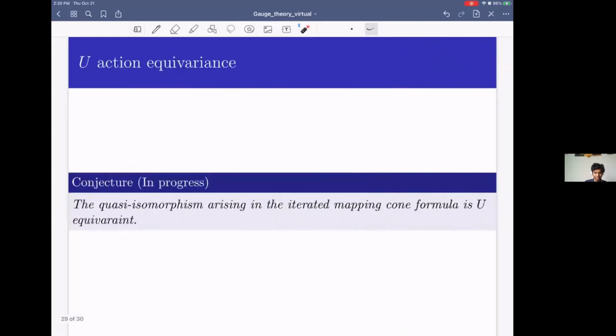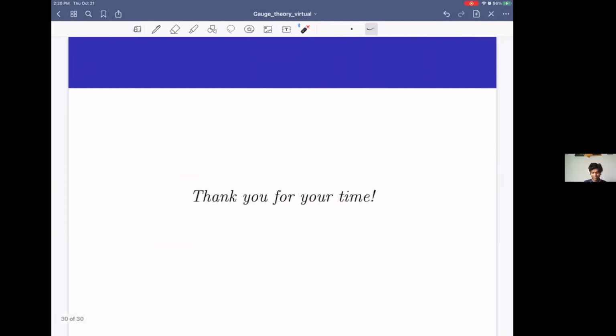And this is the conjecture I just mentioned earlier, that the quasi-isomorphism arising in the iterated mapping cone formula is U-equivariant. We have some ideas and we are hoping that we can do this, but I would just say that it's in progress. And that's more or less what I had to say for today. Thanks for your time.